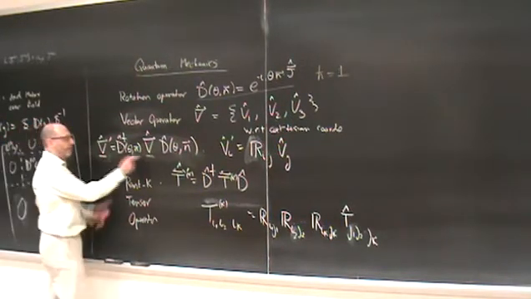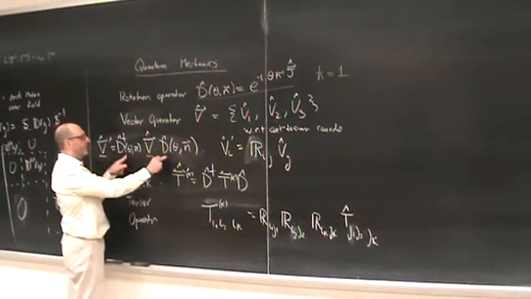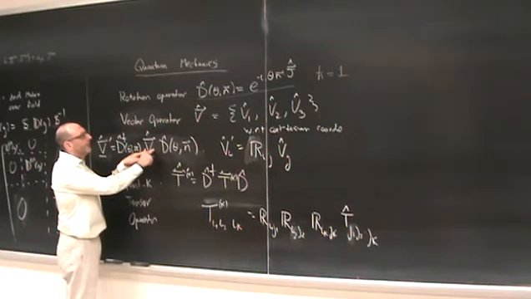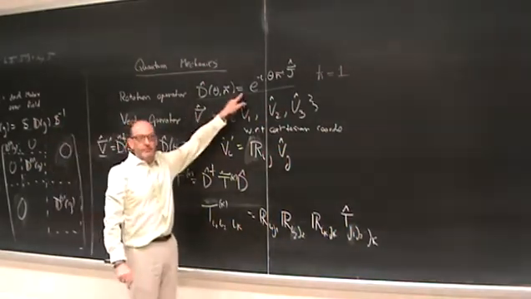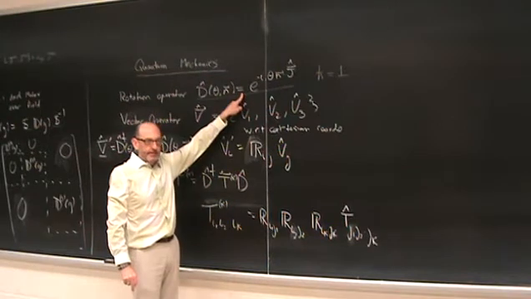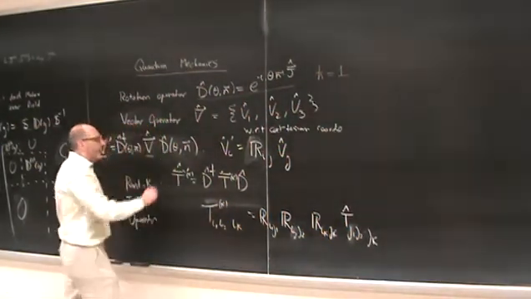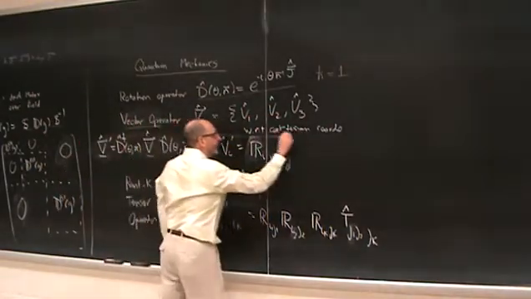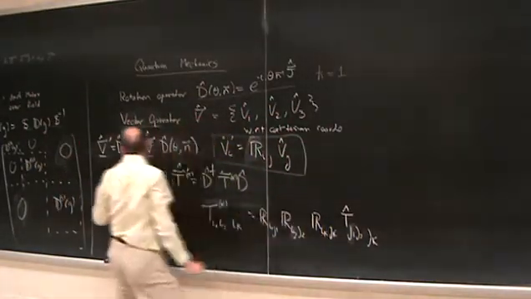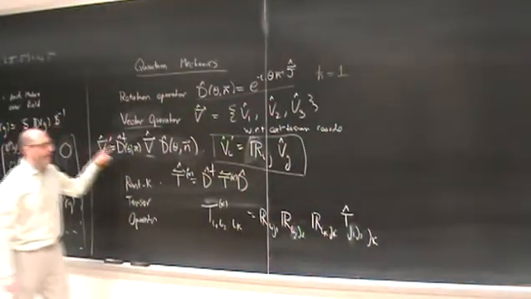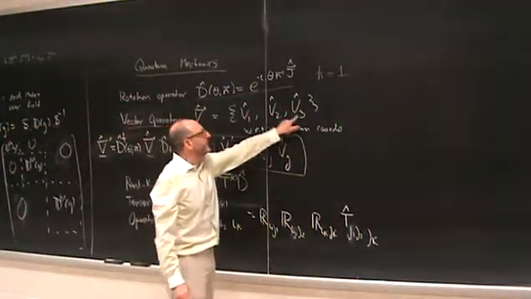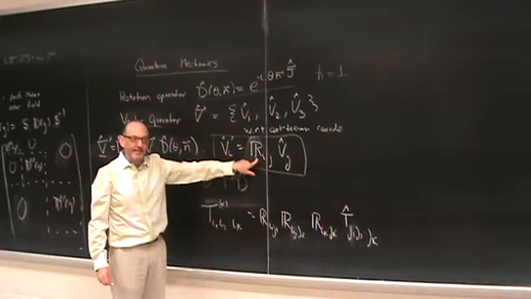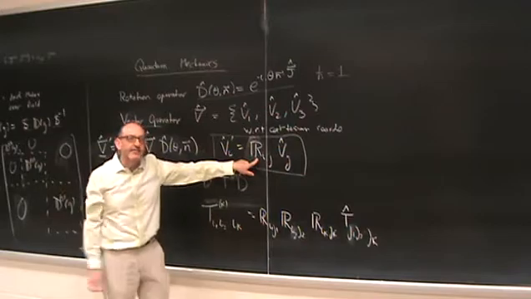What it means is that I do a unitary transformation on each of these operators according to the rotation operator. What makes this a vector operator is that the three components of the rotated vector operator are related to the three components before the rotation by the same rotation matrix that we had in classical physics.